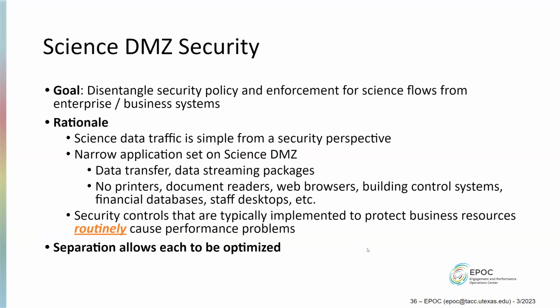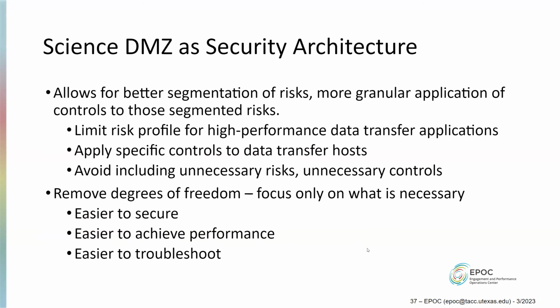So, a brief talk about security here. We touched on this a little bit, but effectively what we're doing is we're segmenting off the network for security, right? We're not printing, we're not doing web browsing, we're not sending emails, we're not using a scanner. There's not a Windows XP machine that hasn't been patched in 20 years sitting on this network segment. It is only the devices that are strictly necessary for transferring this data to and from whatever location you need to get data moved to.